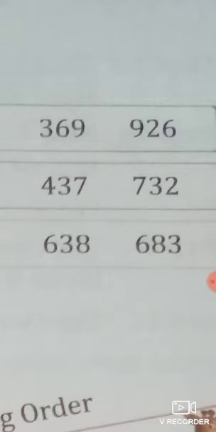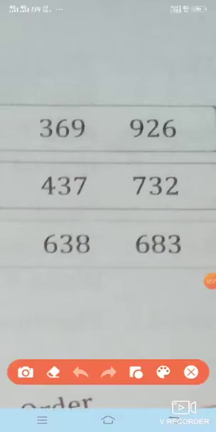Which one is the smallest number? Think about it. The right answer is 369 is the smallest number, so we will cross 369. Okay, got it? So children, you will solve the rest of the questions yourself, like this question.